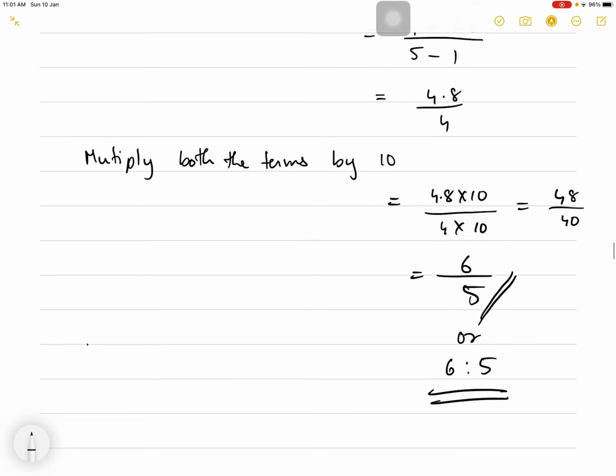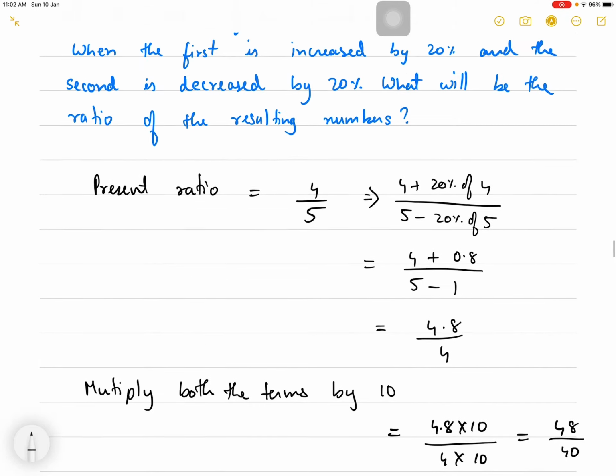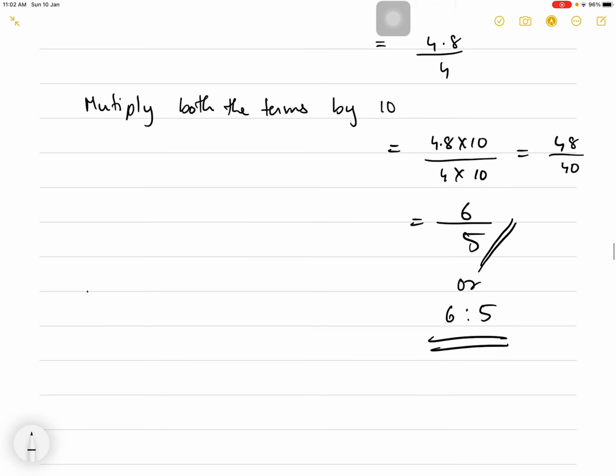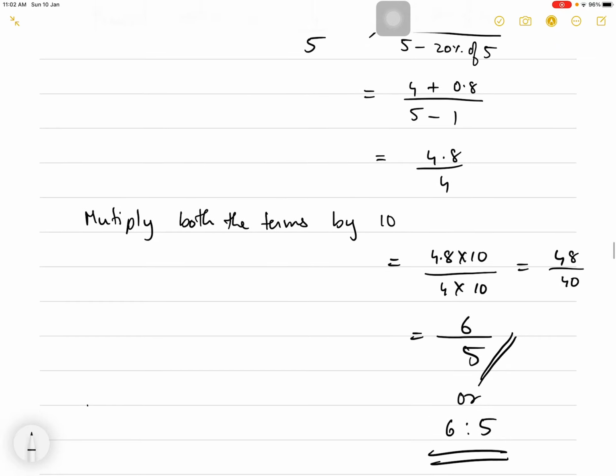It comes to 4.8 and 4. I want to eliminate the decimal point, so I multiply both the terms by 10. So it becomes 48 by 40. You simplify it, it becomes 6 by 5. So the ratio of the resulting numbers is 6:5. Okay.